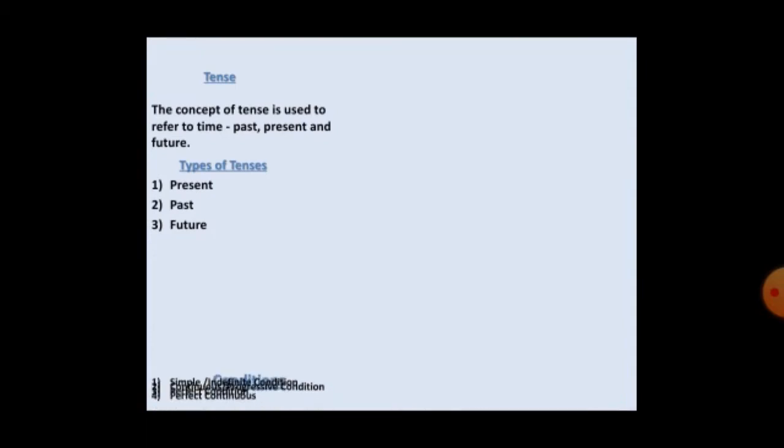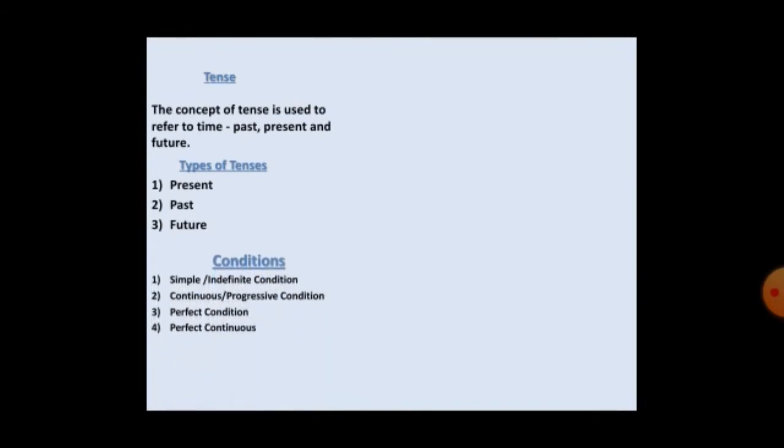So basically all three times have four conditions, and the condition shows the action, on what condition the actions were going on or went on. So we have four conditions: simple or indefinite condition, in which we talk about the permanent situation of that thing, and in continuous condition we talk about ongoing action.